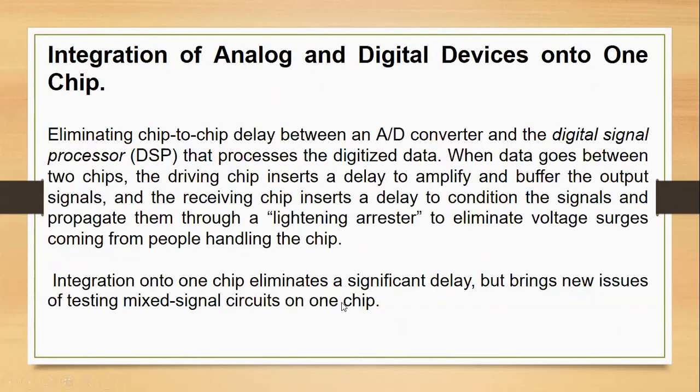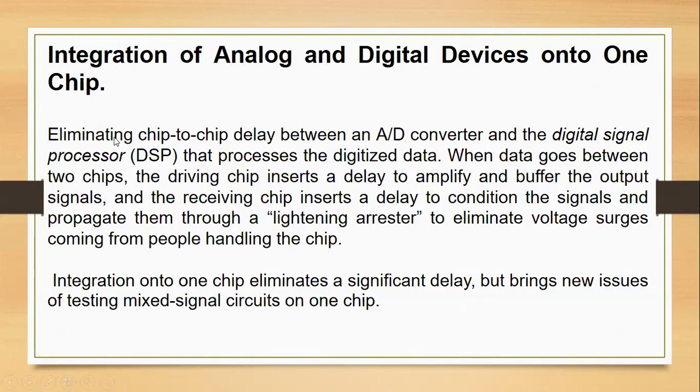The next concept is the integration of analog and digital devices onto one chip. If you have any application-specific devices, it is integrated, which is basically an embedded application. Here we eliminate the chip-to-chip delay between an analog-to-digital converter and the digital signal processors that process the digitized data.